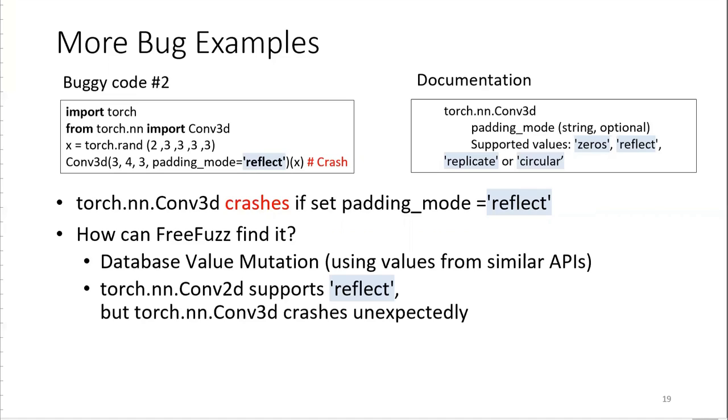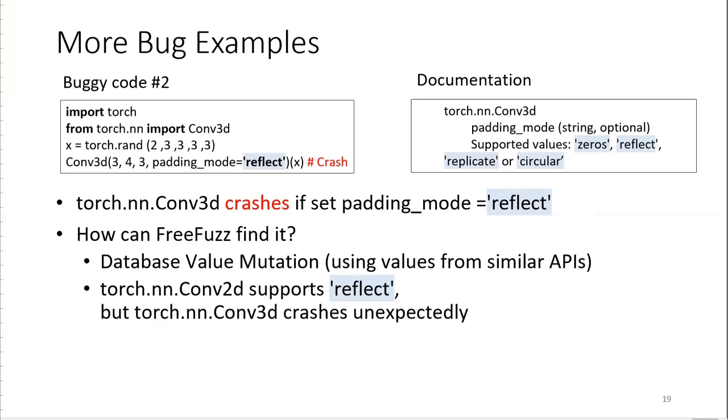The bug is triggered when FreeFuzz samples the values from supported values of padding mode from Conv2d to generate value of padding mode for Conv3d. According to the documentation, reflect should be supported in Conv3d, while actually it is not supported. The bug has already been confirmed by developers.